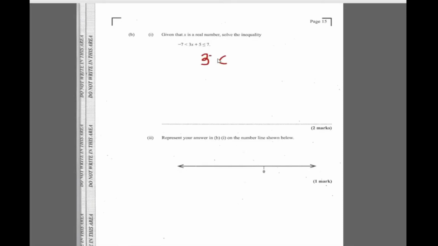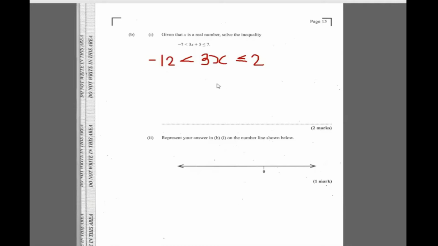that 3x is going to be less than or equal to 7 minus 5, which is 2, and it is greater than -7 minus 5, which is -12. Because we subtracted 5 from both sides to get the 3x. 7 minus 5 is 2. -7 minus 5 is -12.